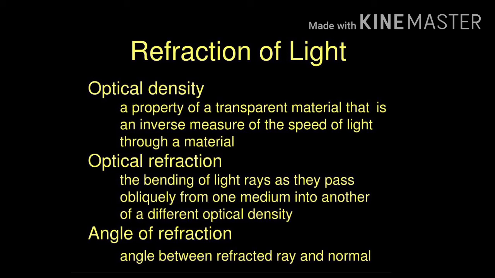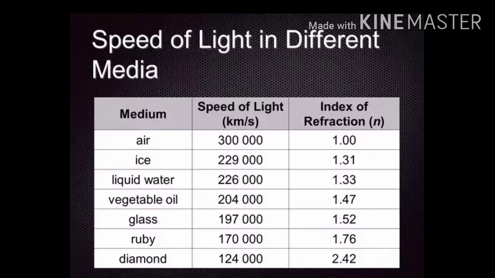Here is a table. That table gives some mediums and the speed of light in each medium. Pause the video and analyze the data. Then you have to find out which one is more dense and which one is less dense. I will give you two examples.